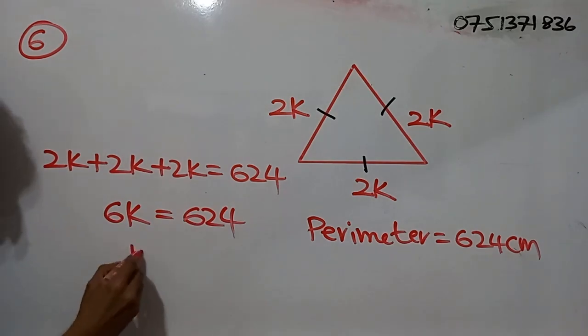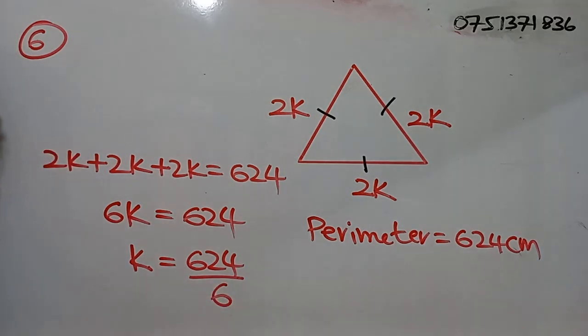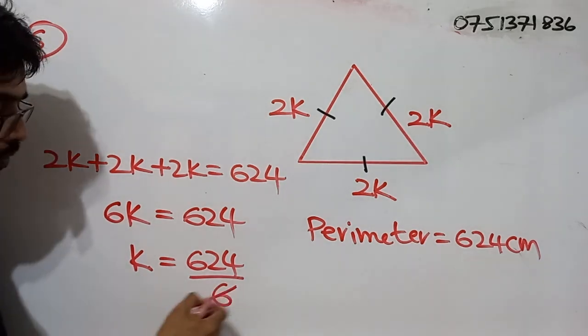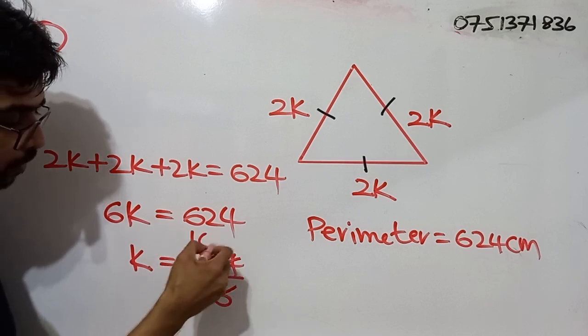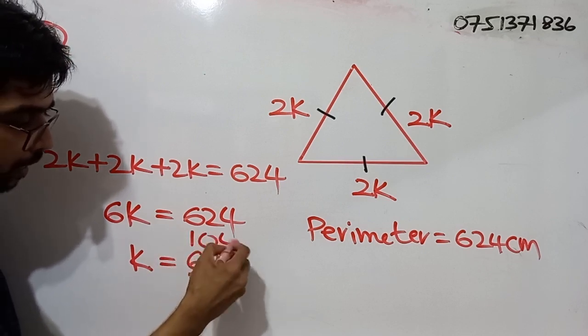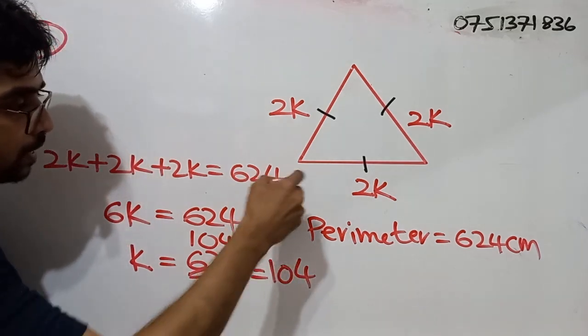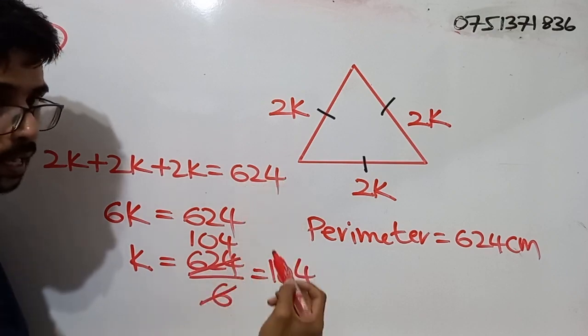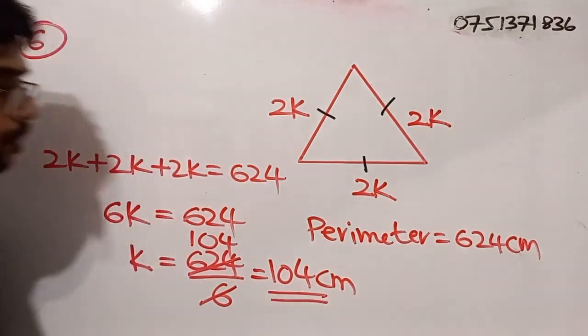So what is the value of k? K is equal to 624 divided by 6. Right? So 6 times how many are there? 1. For 2 there is no 6's, and for 24 we get 4. So this will be what? 104. So since this 624 is centimeters, this value is also centimeters. So this is the answer.